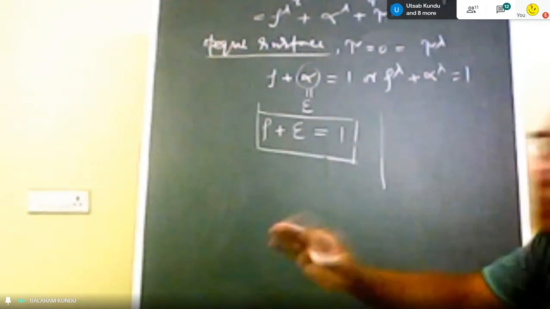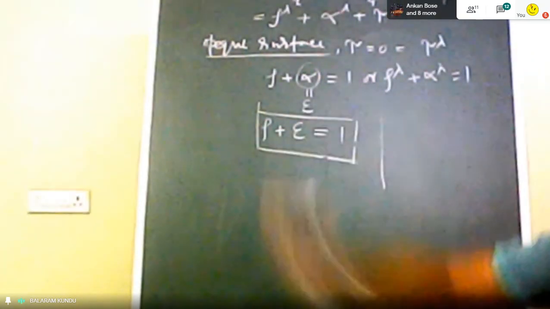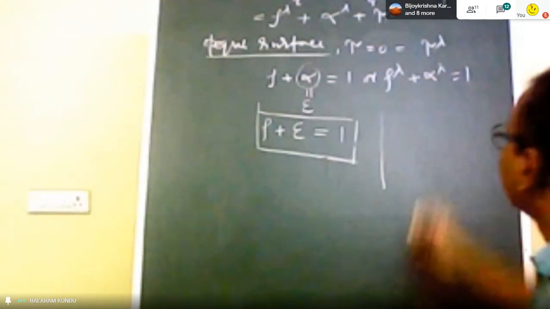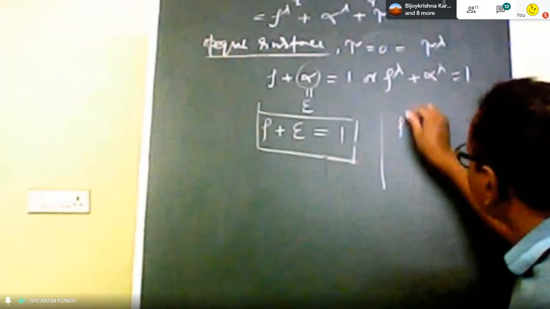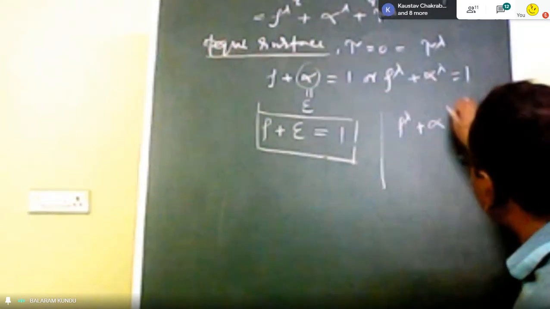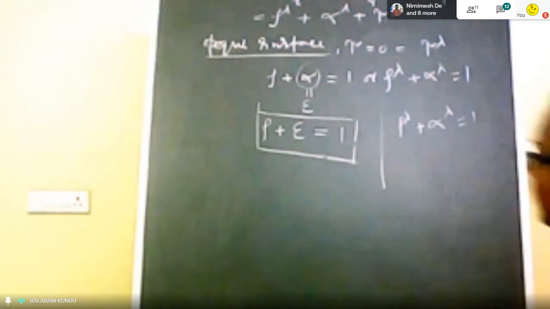If we assume for all wavelengths lambda, the spectral reflectivity plus the spectral absorptivity, rho lambda plus alpha lambda, should be equal to 1 for an opaque surface.